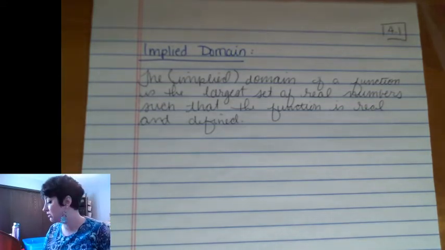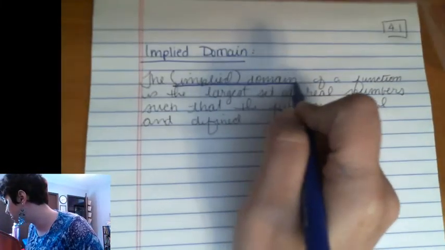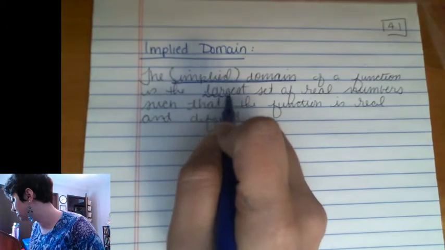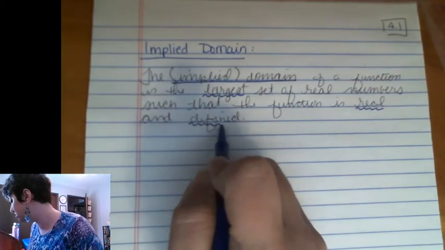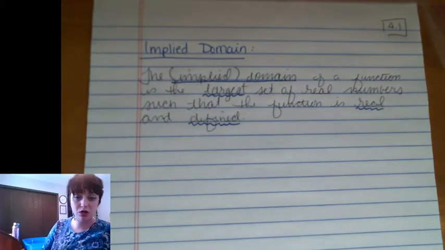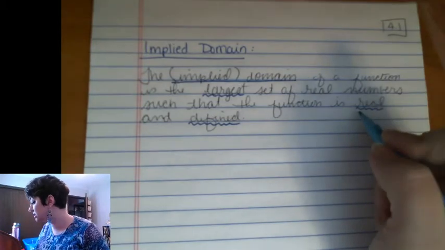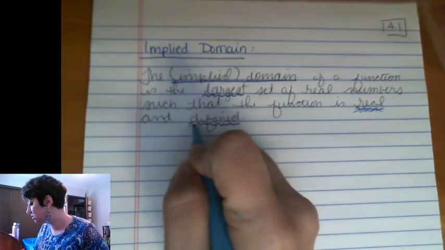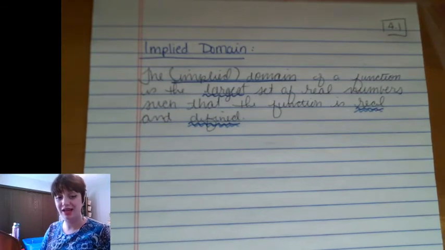Now they do talk about this in the guided notes. There's a couple words that I've squiggle underlined here. It's the largest set such that the function is real and defined.